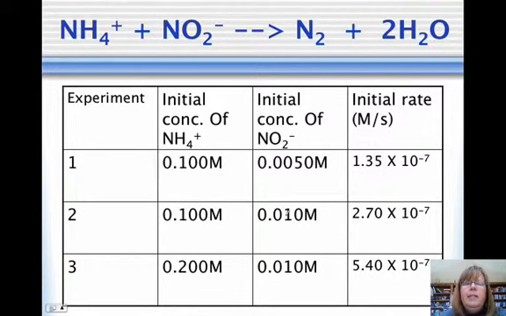Let's look at experiments 2 and 1. So we're going to compare experiment 2 to experiment 1 to determine the effect of nitrite's concentration on the rate. Now, we have to keep everything else constant in order to see the effect of nitrite.